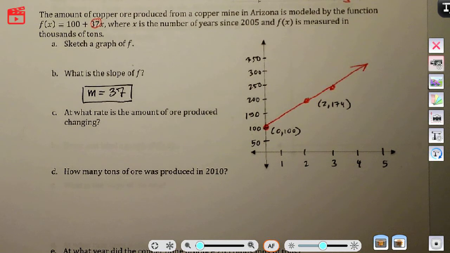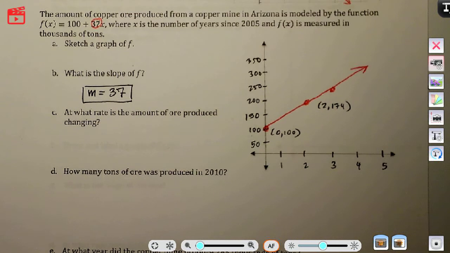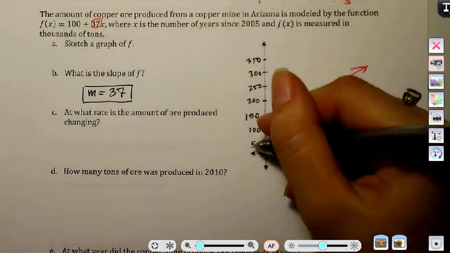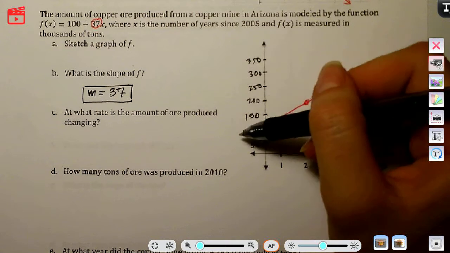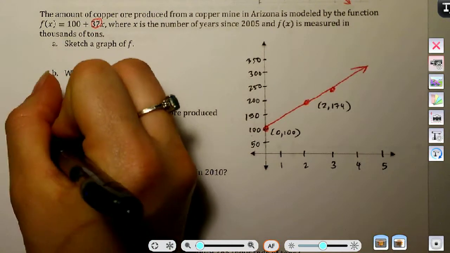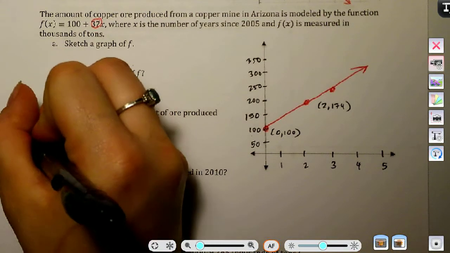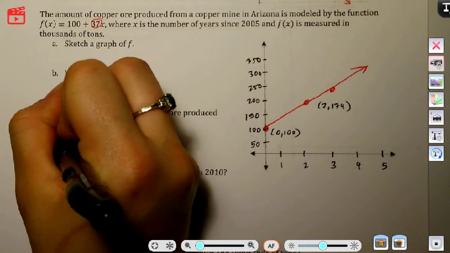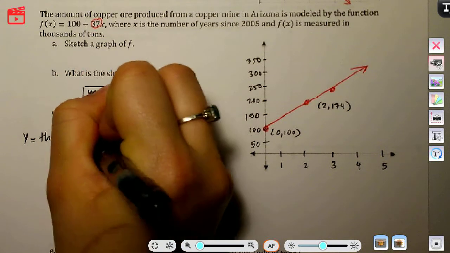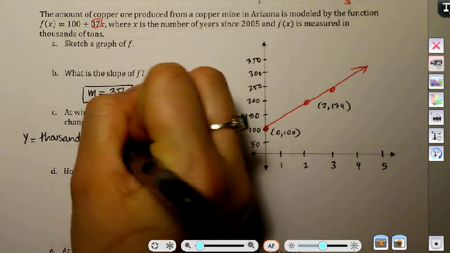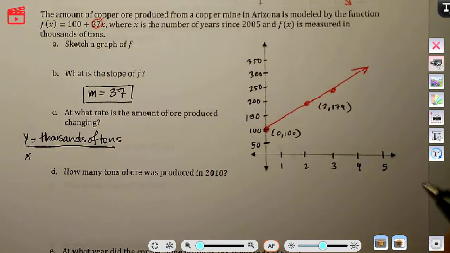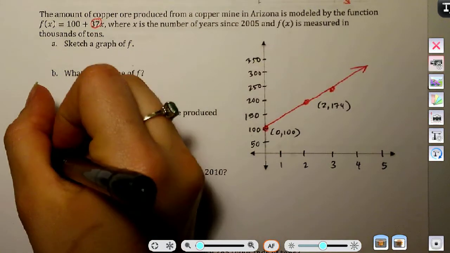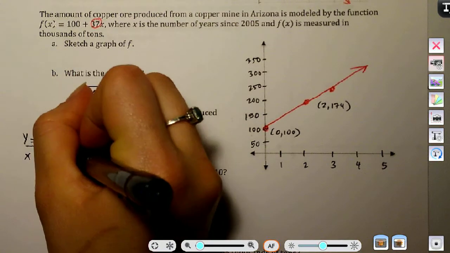Well, remember our slope, that's the change in y over the change in x. My y values are the thousands of tons. So let's see, we have y thousands of tons. And my x values were per years. So per year.